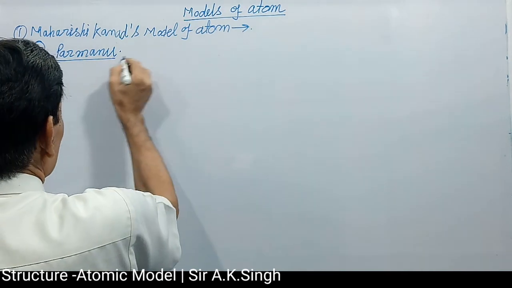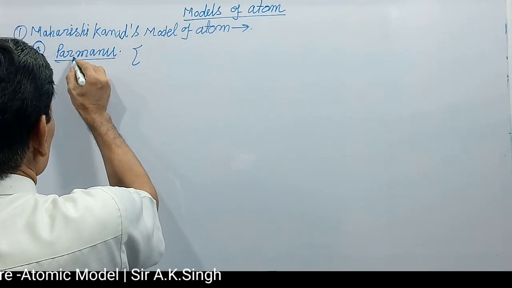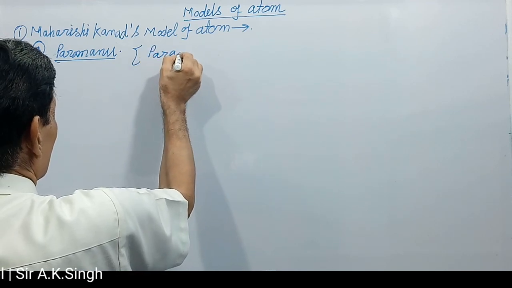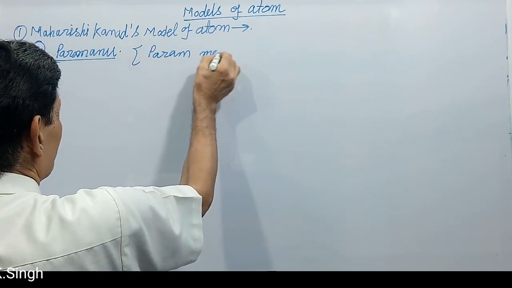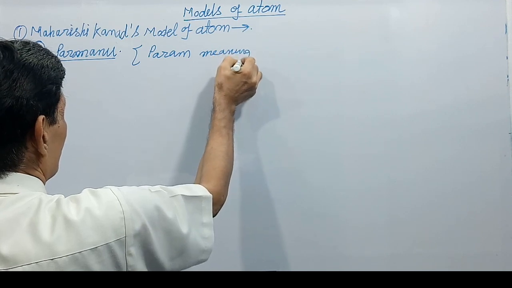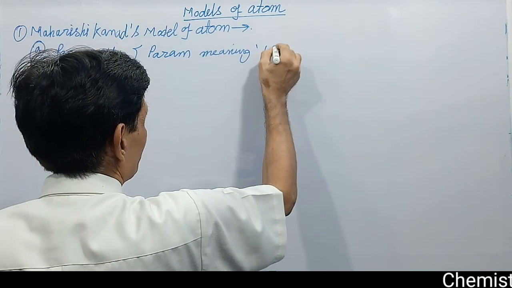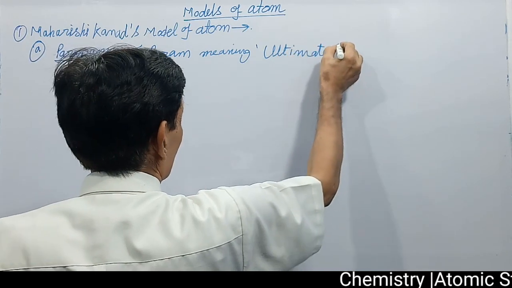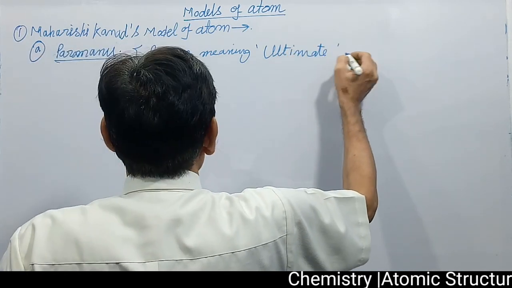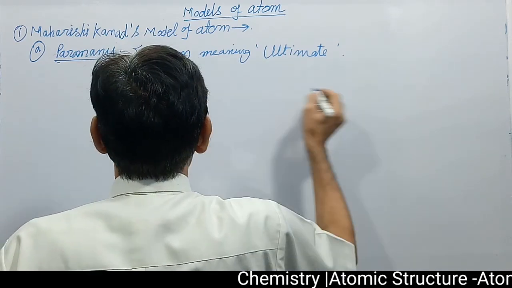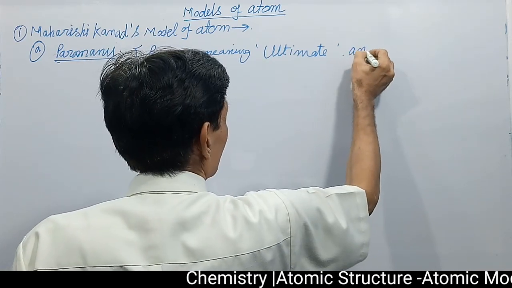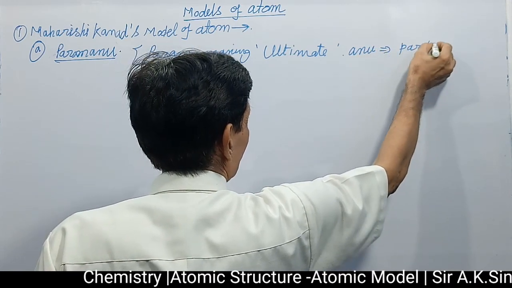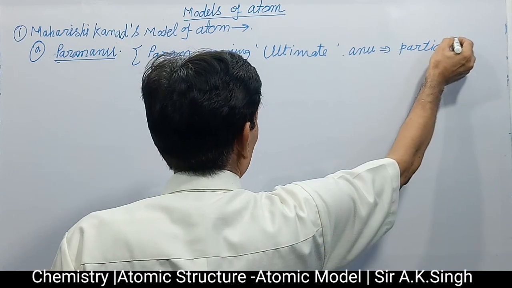What does it mean? In Parmanu, Param means ultimate, and Anu means particle.